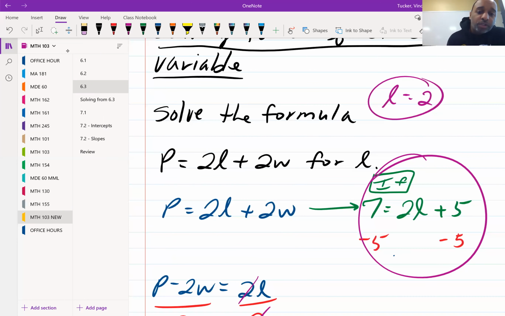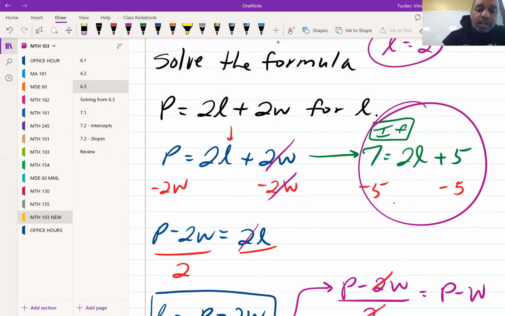That same thought process should be taken here. I have P equal to 2L plus 2W. My goal is to get L alone on one side of the equation, so I subtract 2W from both sides. 2W minus 2W will cancel, and that leaves me with P minus 2W equal to 2L. Now the P minus 2W, they're not like terms, so you cannot combine them on that left side.